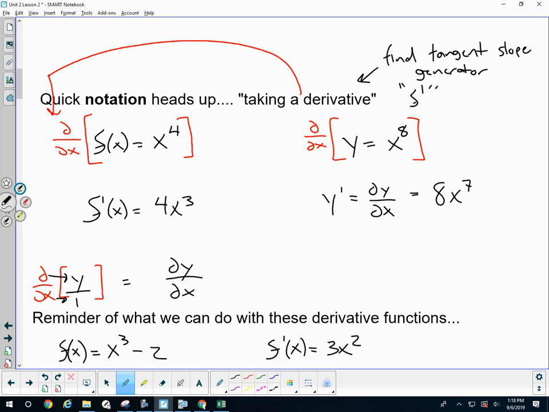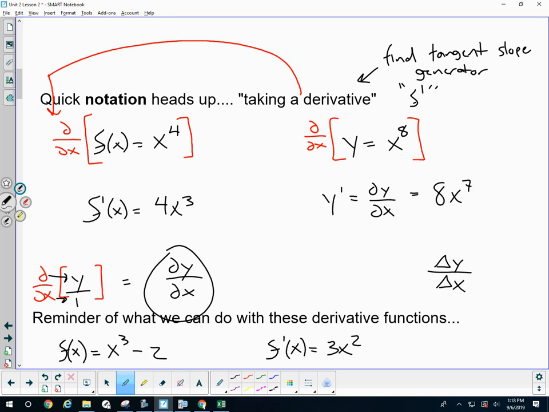Now, before we go into the power rule, let's talk about this dy over dx. This should look kind of like something to you. It doesn't right now, but if I write this, delta y over delta x, triangle y over triangle x.